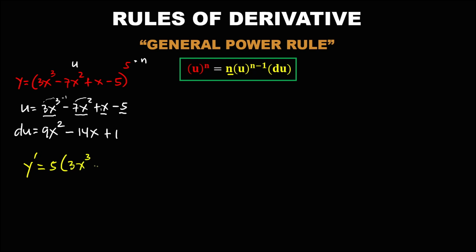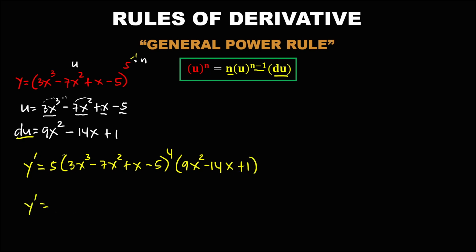U is 3x to the power 3 minus 7x squared plus x minus 5. Then n minus 1, so 5 minus 1 is 4, times the derivative of u, so that's 9x squared minus 14x plus 1.